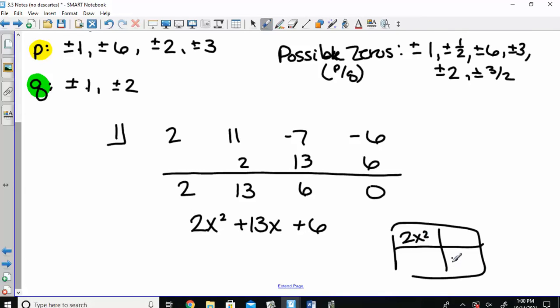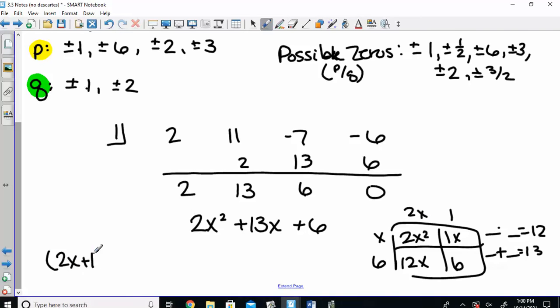We can do box method once we get to this point. So two numbers that multiply to 12 and add to 13. We get 2x plus 1, x plus 6.